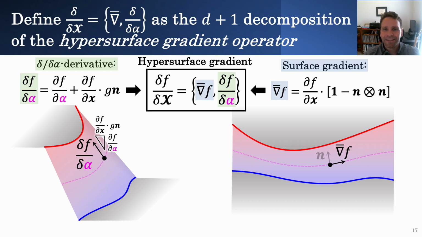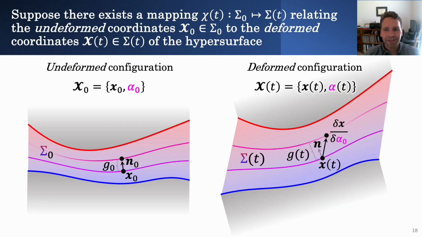All right. So having this new differential operator in hand, suppose, just taking a slight detour, that we're not just dealing with a particular configuration of this intermediate hypersurface. Suppose that that hypersurface could undergo a time-varying sequence of deformations, measured relative to some particular undeformed configuration whose hyperdimensional coordinates can be denoted with subscript zeros.